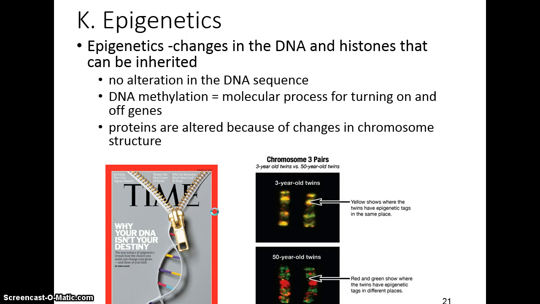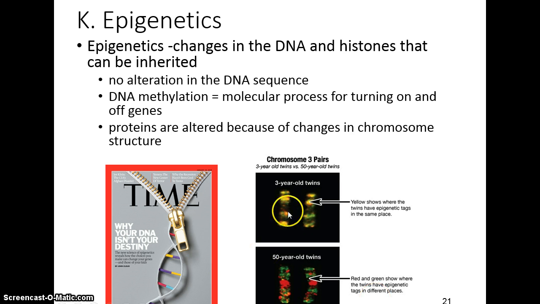All right, so when we start talking about proteins and things that surround genes, this is called part of the epigenome and is in a field of its own called epigenetics. These are changes to DNA or the proteins around DNA, such as histones, that can be inherited. There's really no change in the DNA, but the interaction of the DNA, such as methylation, which can turn genes on and off, can happen.